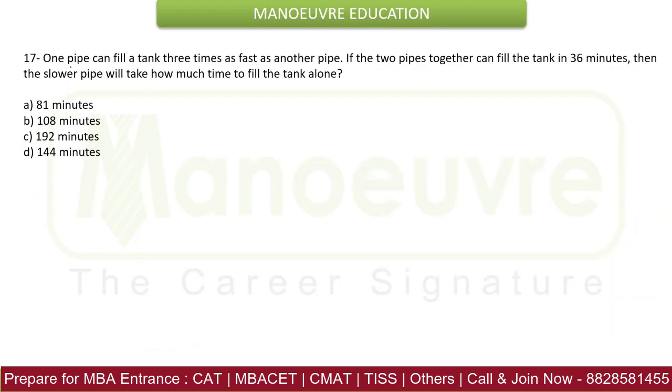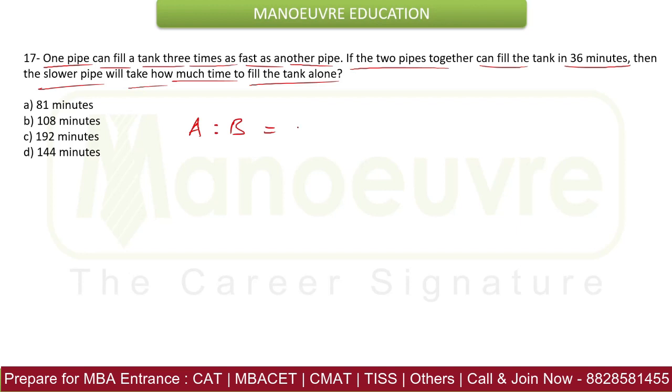The next one: a pipe can fill a tank 3 times as fast as another pipe. If 2 pipes together can fill the tank in 36 minutes, then how much time will the slower pipe take to fill the tank alone? Okay, now let's see here, A and B are the 2 pipes and their work efficiency is given.